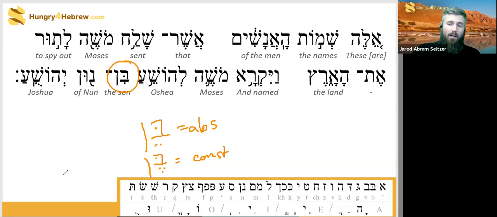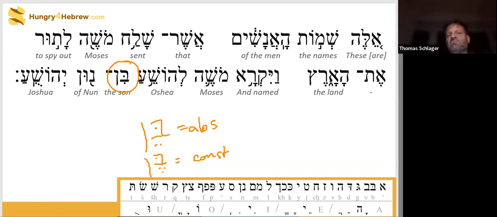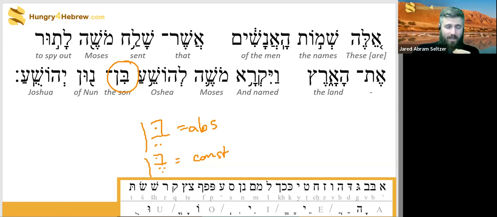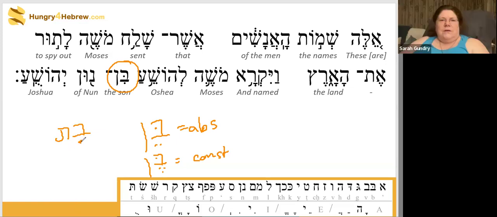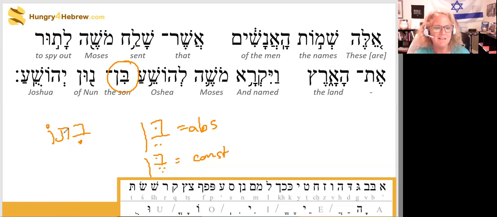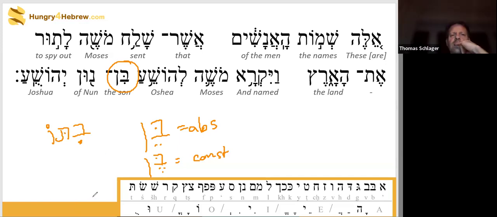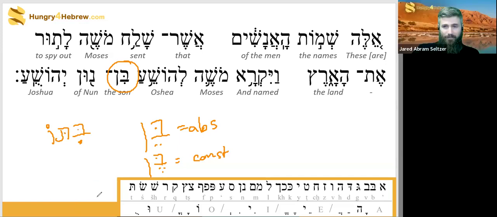But then again, compare daughter. How do you say his daughter? Remember, daughter is bat. How do you say his daughter? Bito.